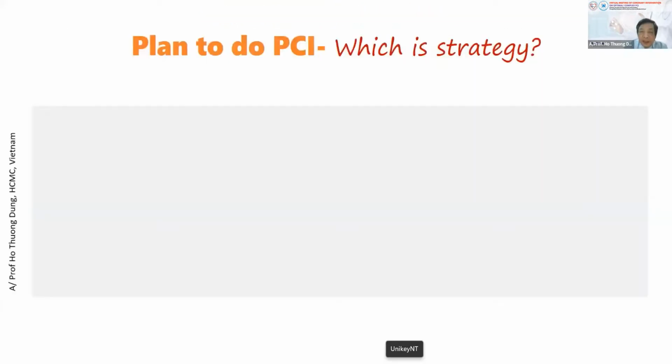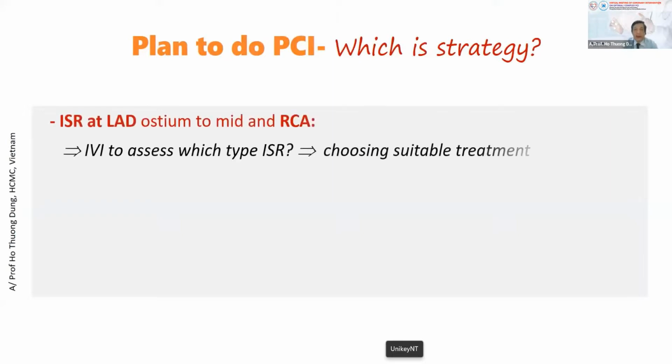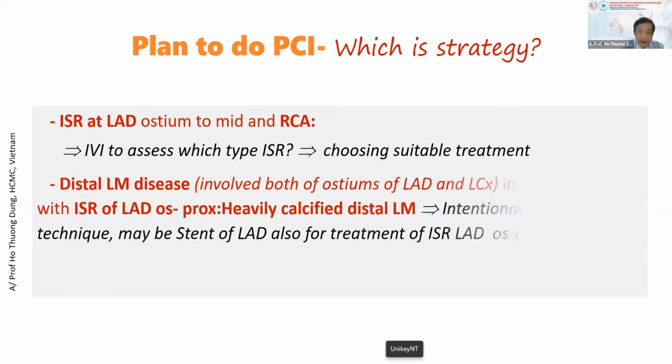And we plan to do PCI with this strategy. The patient has in-stent restenosis of the LAD and RCA, so I think we must use IVUS to assess which type of in-stent restenosis, to choose a suitable treatment. The second, distal left main disease involving the ostium of LAD and circumflex, in combination with in-stent restenosis of the LAD and heavily calcified distal left main.